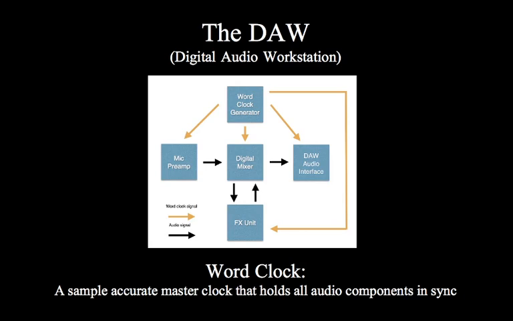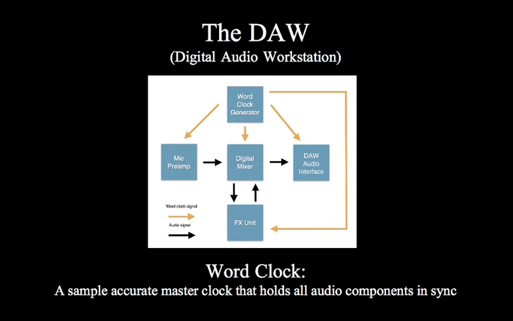Why is this important? Well, sometimes when you set up a system, one device is expecting a different word clock than what the master device is sending. So say you have set up a mixer and you've told it you're going to be at a sample rate of 44,100.